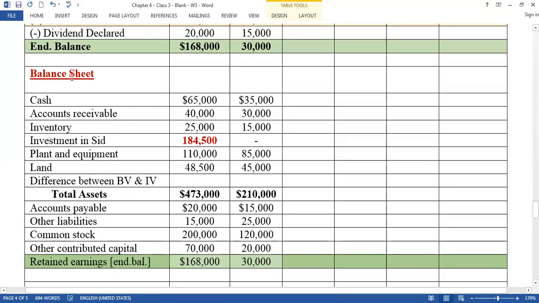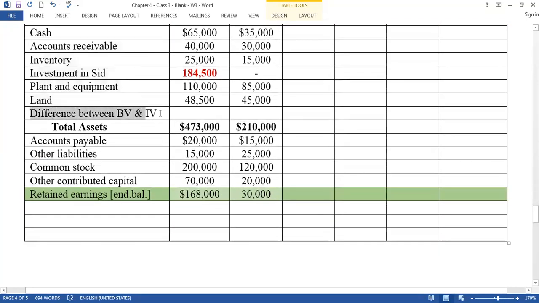What is the formula for the balance sheet? First, we will write our asset. Okay. Then if we have any difference, we will calculate the difference. Then liabilities, equity. And if you remember, under the equity account, we have to create another cell for non-controlling interest.